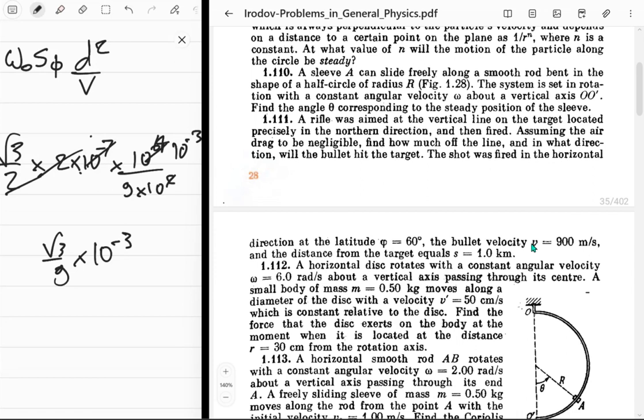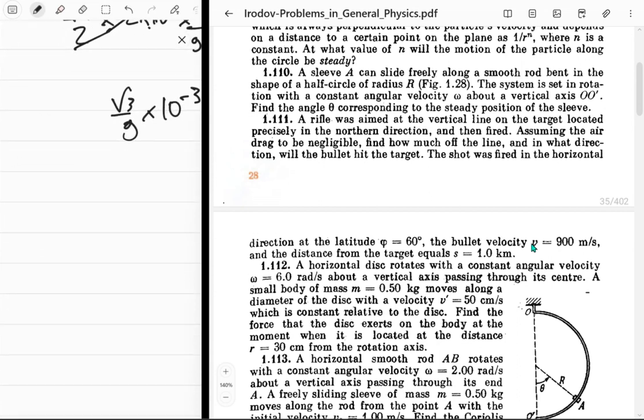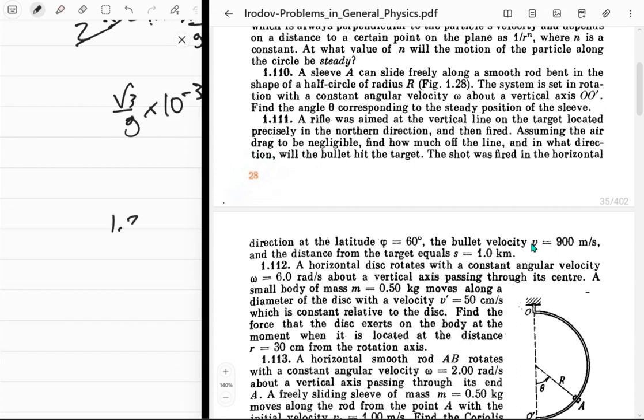Wow. This is really horrible, because square root 3. Fine, let's do it. Square root 3 is approximately 1.7 something. So 1.71, I guess. No, it was not 1.71, it was something else.